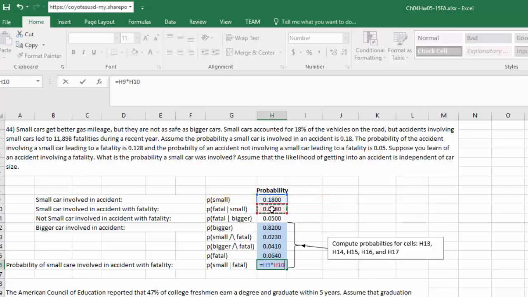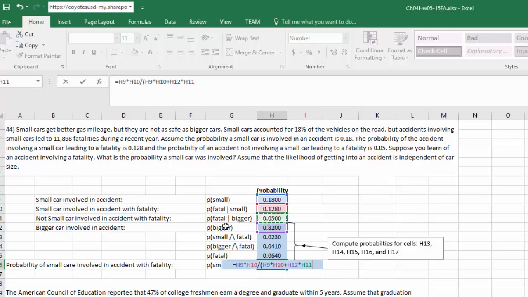Then we divide this by, in parentheses, the probability of it being a small vehicle times the probability of a small vehicle involved in a fatal crash, plus the probability of it being a bigger vehicle times the probability it was a fatal crash given it was a bigger vehicle. You see how that works?